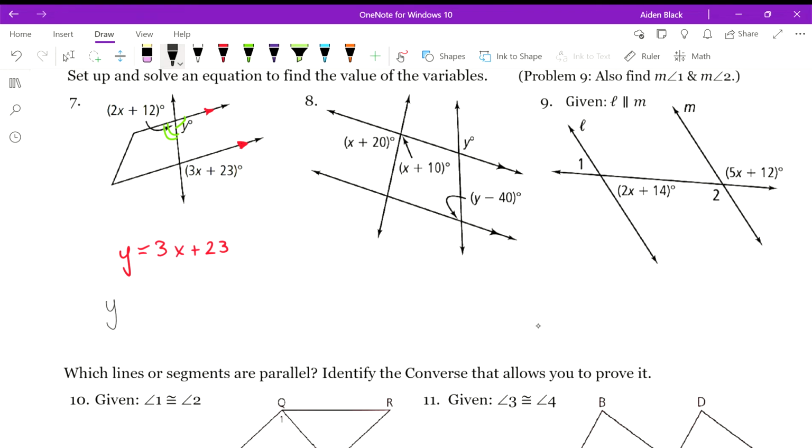So y plus 2x plus 12 equals 180. Now, I think the easiest way to solve this would be to substitute. Since we know y is equal to 3x plus 23, we can rewrite the second equation, but instead of writing y, we'll write what y is equal to.